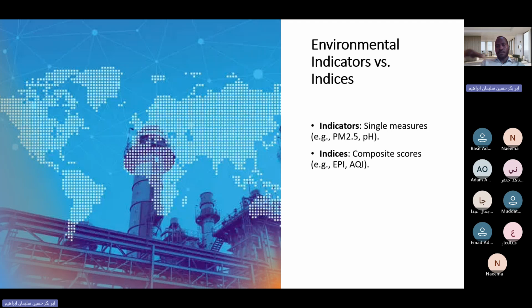You can use a machine and measure the particulate matter inside the water. This can help you know whether this water has good quality or not, or whether it is suitable for human consumption or not. This is an example of a single measurement.